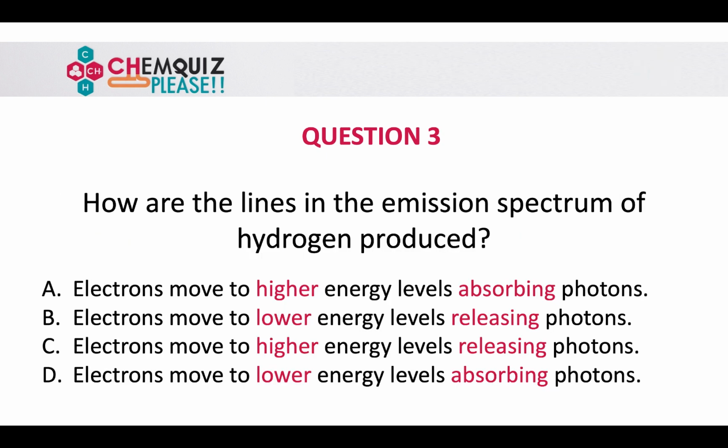Time for question 3. How are the lines in the emission spectrum of hydrogen produced? You have 30 seconds. Go.